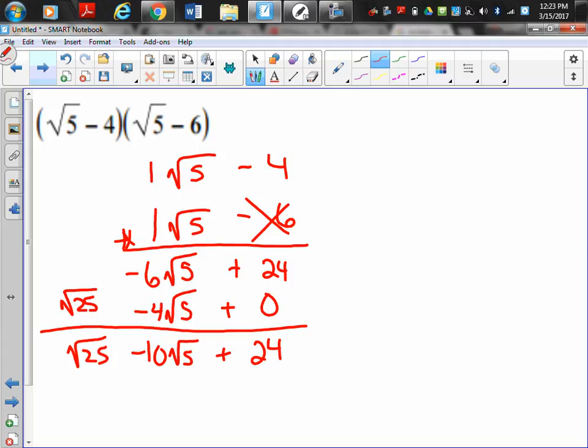Alright, so now we have to take our pieces and see if we can factor them. One at a time, square root of 25. That is the same thing as square root of 5 times 5. So I have a pair, so it goes out from under the radical. So square root of 25 is the same as 5.